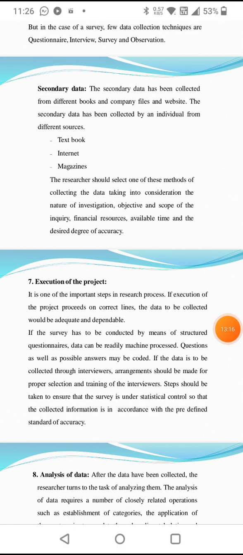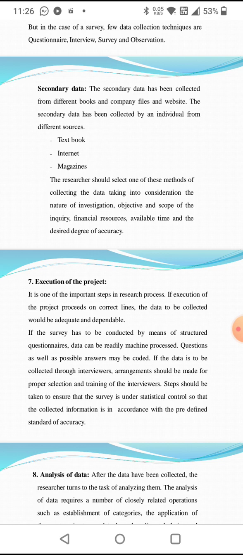So here, coming to the execution of the project, it is a very important step in the research process. If the execution of the project proceeds on correct lines, the data to be collected would be adequate and dependable. The researcher should see that the project is executed in a systematic manner as well as on time.